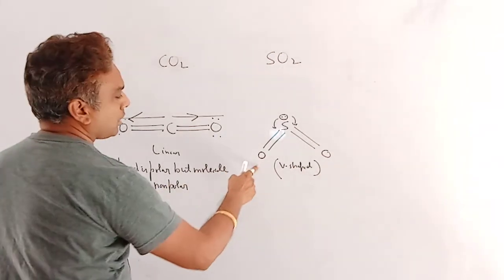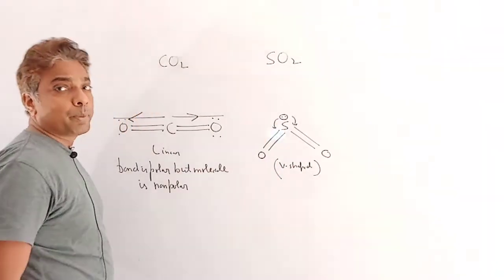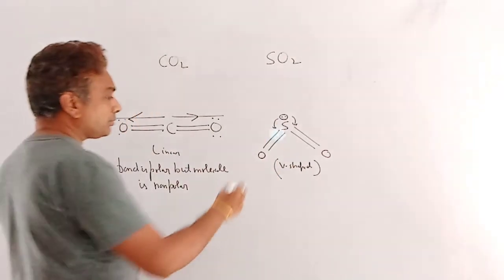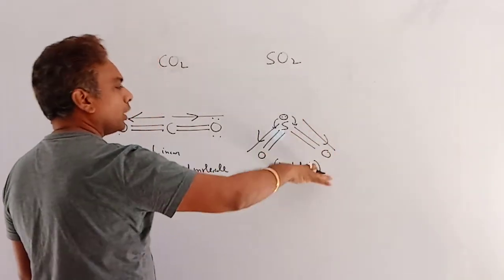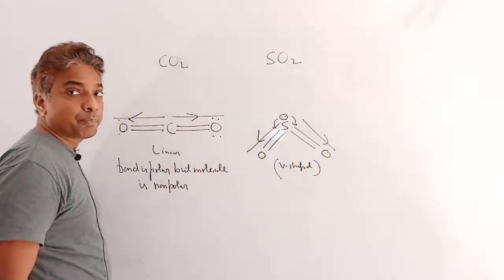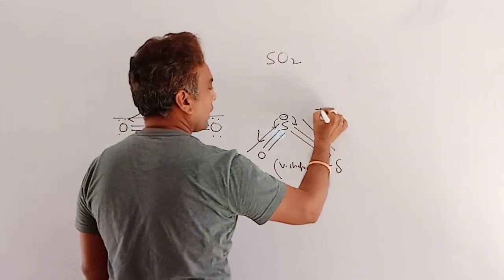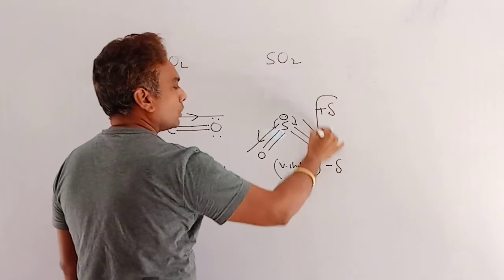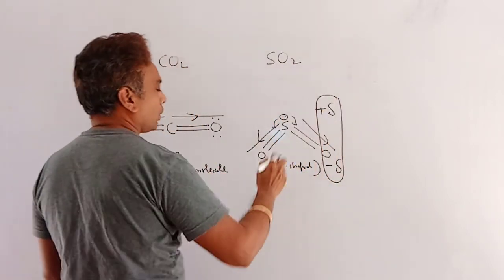But in case of sulfur dioxide, due to the repulsion of lone pair, the shared electrons shifted downwardly towards oxygen. Clear? So the downward side gets partially negative charge and the upward side gets partially positive. So here the bond is polar as well as the molecule is also polar.